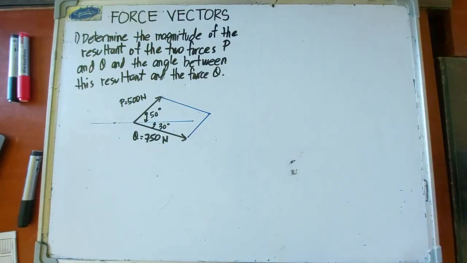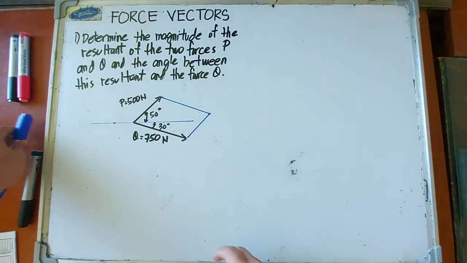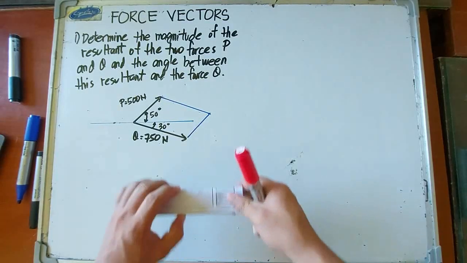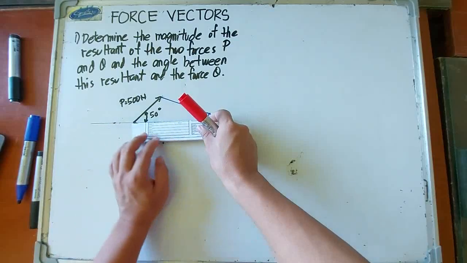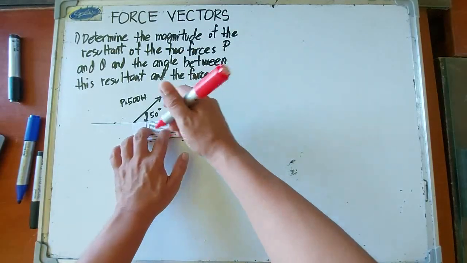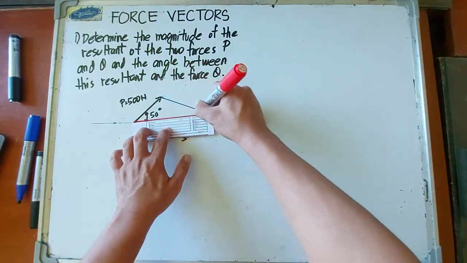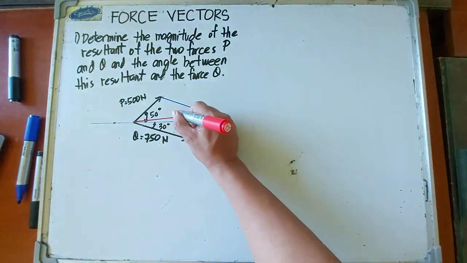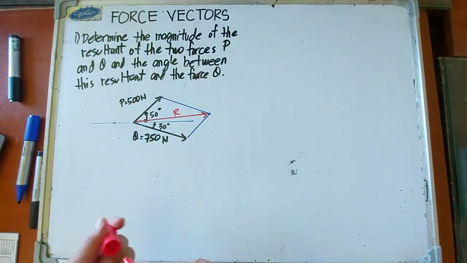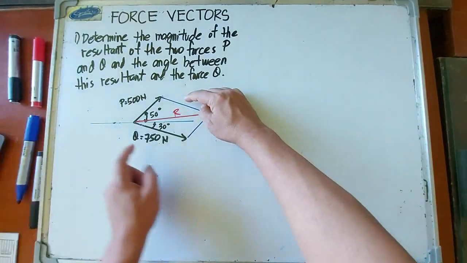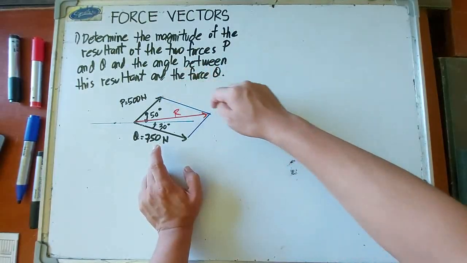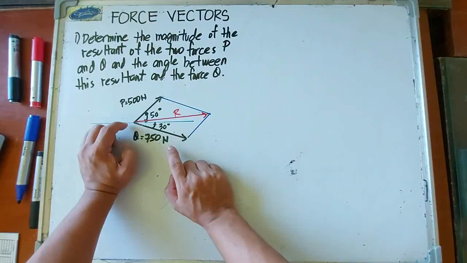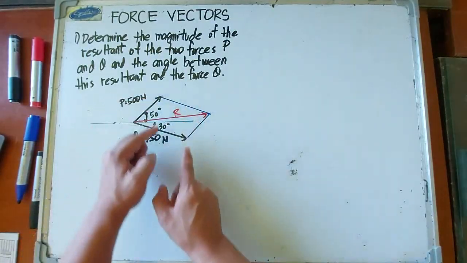So the resultant force is the diagonal of the parallelogram. So from the intersection here, you draw the diagonal. So this would be our resultant force. Since this side of the parallelogram is parallel to force Q, that means they have the same length and same direction.